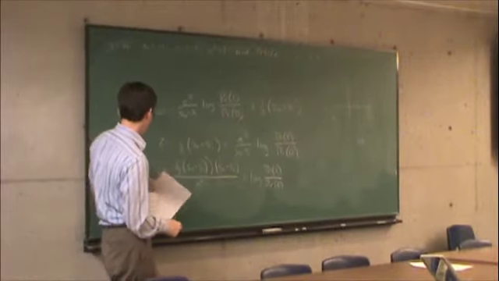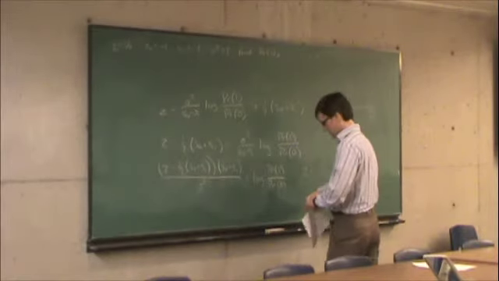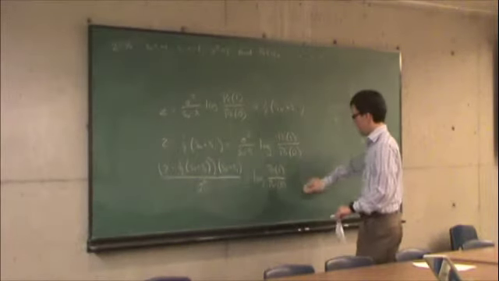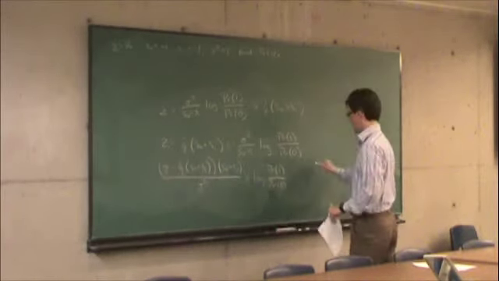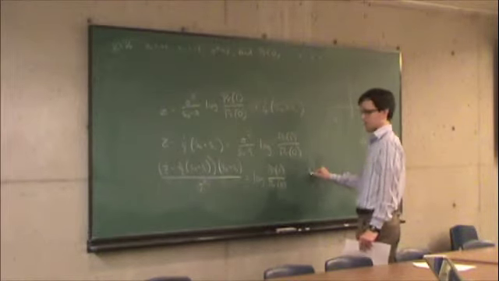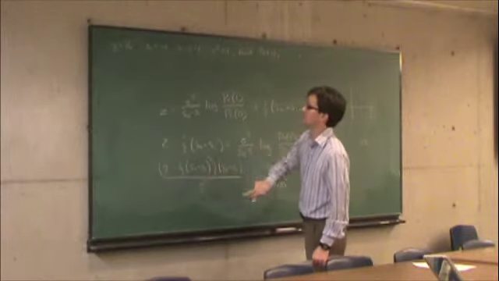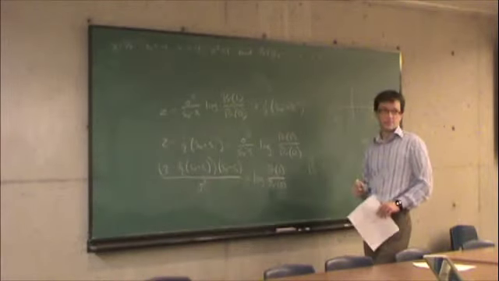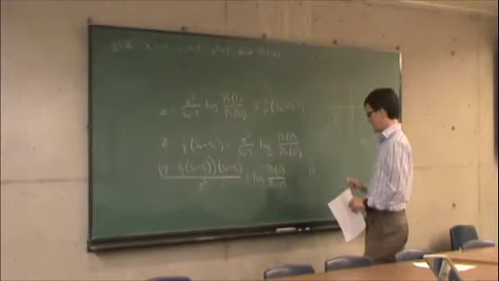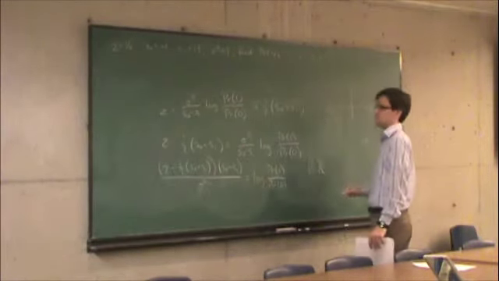So we have Z is equal to 1/2. So we have 1/2 minus 1/2 times S0 plus S1. What's S0 plus S1? 0.